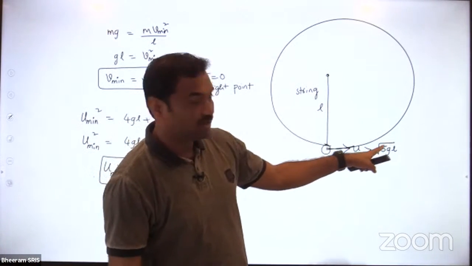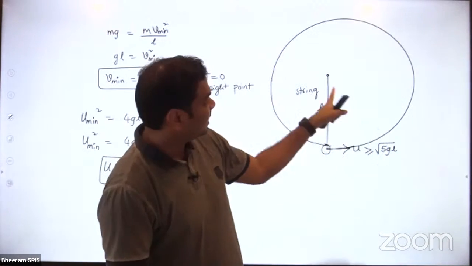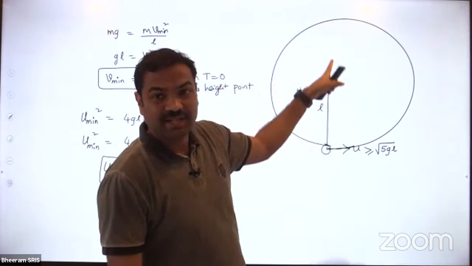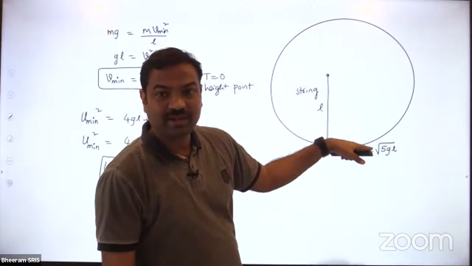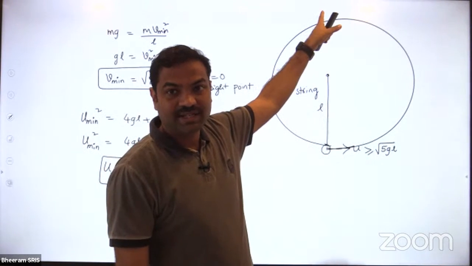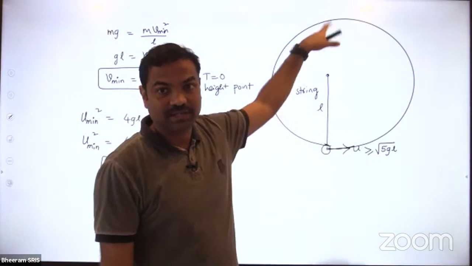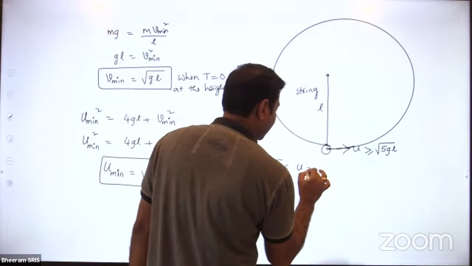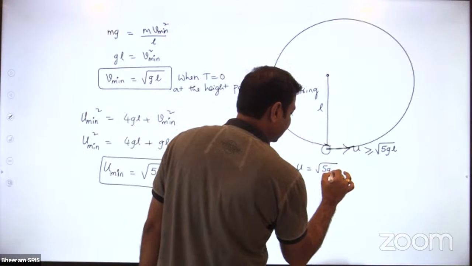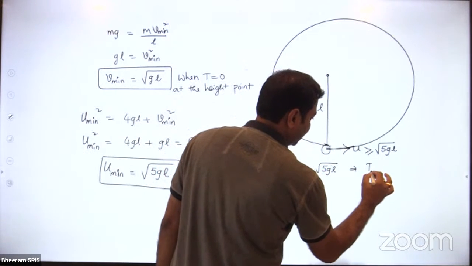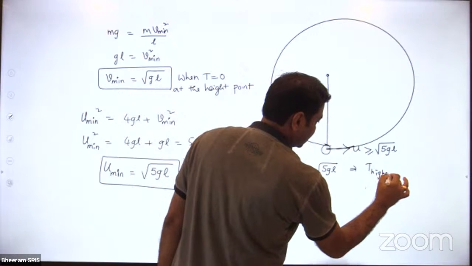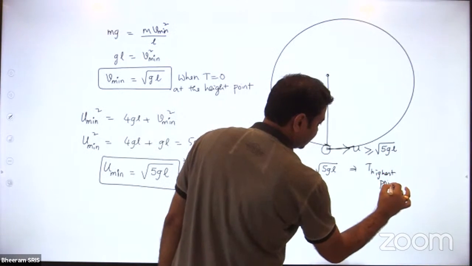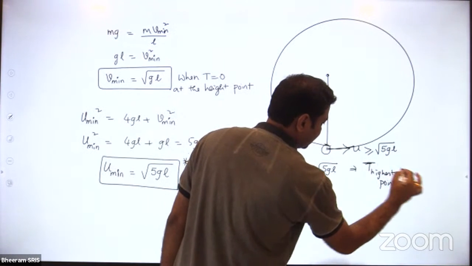If u value is equal to root 5gL, then what is the tension at the highest point? 0. If you increase the velocity, the velocity at the highest point will increase and the tension value also will increase. So for u equal to root 5gL, tension at the highest point is equal to 0.